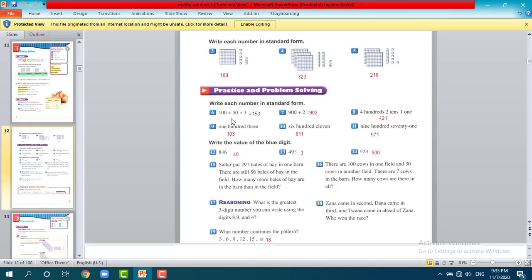Now ones with ones, we start at the ones. 0 plus 3 equals 3, and we write 3 in the ones. Now tens with tens, 0 plus 5 is 5.